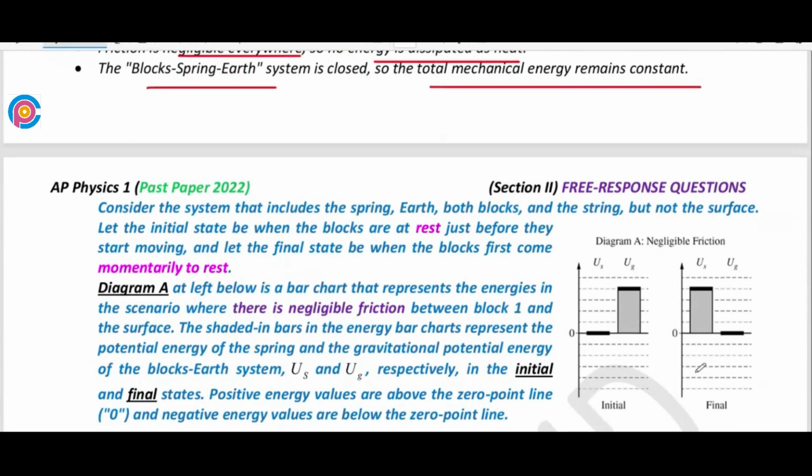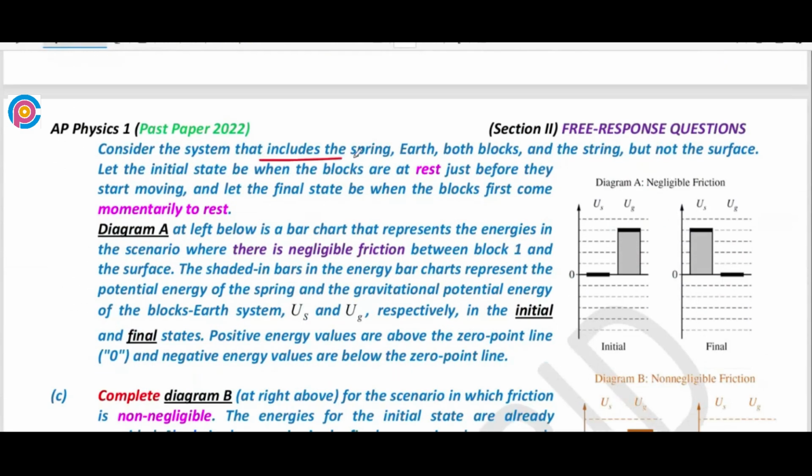The next part of the question: consider the system that includes the spring, earth, both blocks, and the string, but not the surface. The initial state is when the block is at rest just before it starts moving. Let the final state be when the block first momentarily comes to rest.